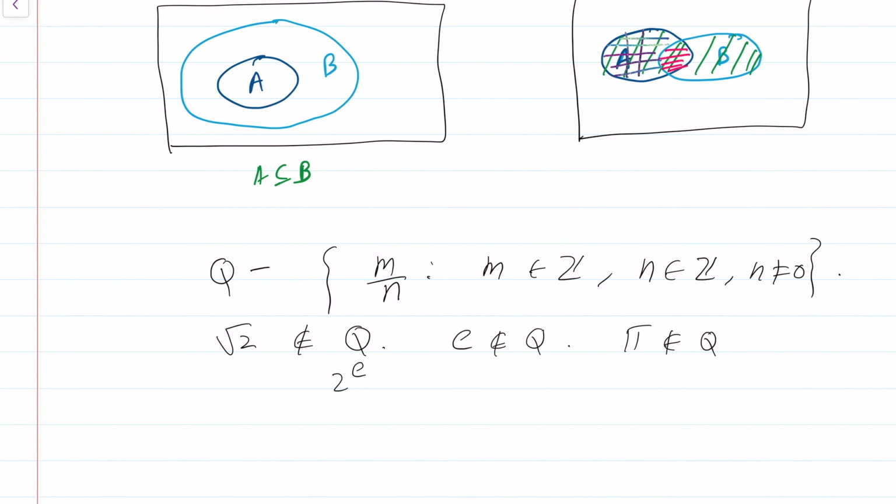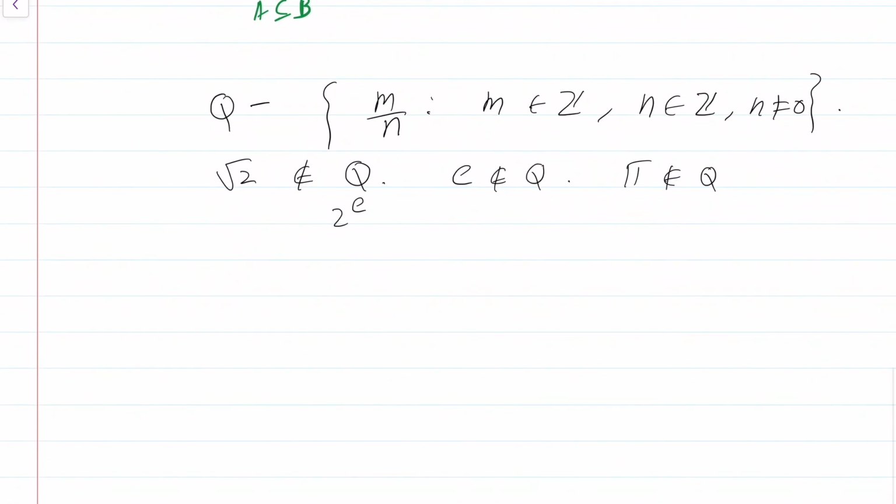Several times we will define sets where it is not even clear whether there are any elements at all. To take care of this possibility, we introduce the empty set, denoted like this. This is the empty set. This set has no elements. So if you take any object x, x does not belong to phi, the empty set.